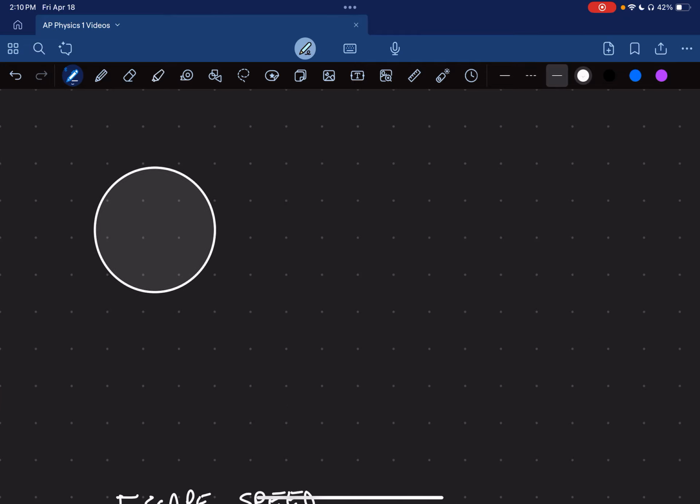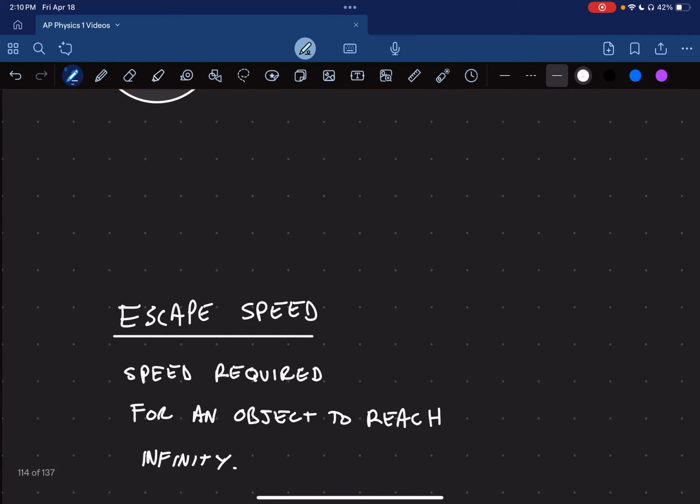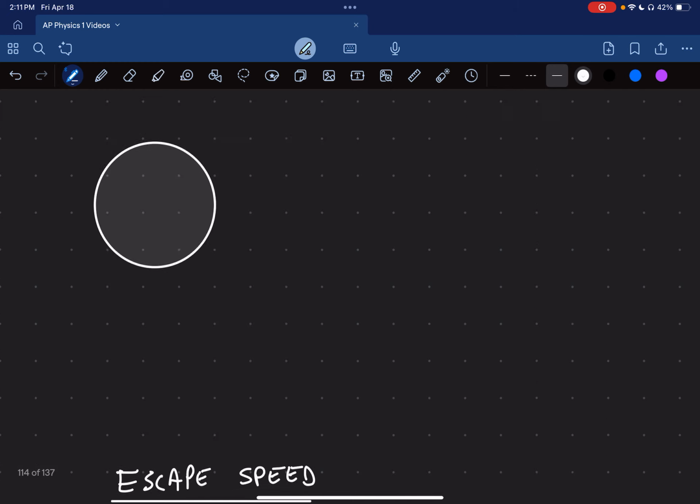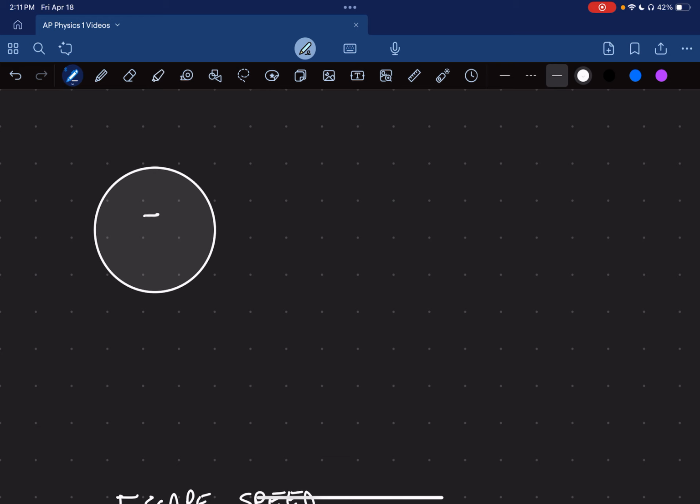Okay, so I kind of gave it away here. What we're trying to do is figure out the escape speed. Actually, we're going to figure out the equation for escape speed. Imagine you're on the Earth and you want to get something off the Earth. Let's say you have a rock and you throw the rock into the air, it'll go and it'll come back down, right?